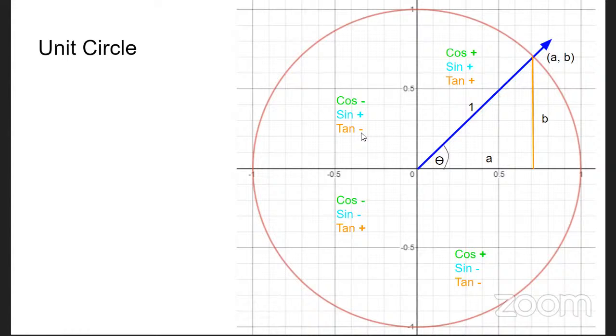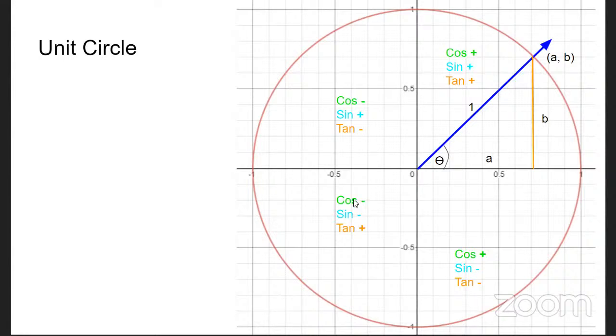So tangent is negative. In quadrant 2, all of the a values, or x values, cosines, will be negative. All of the b values, or sine, or y values, the distance going up, will be positive.